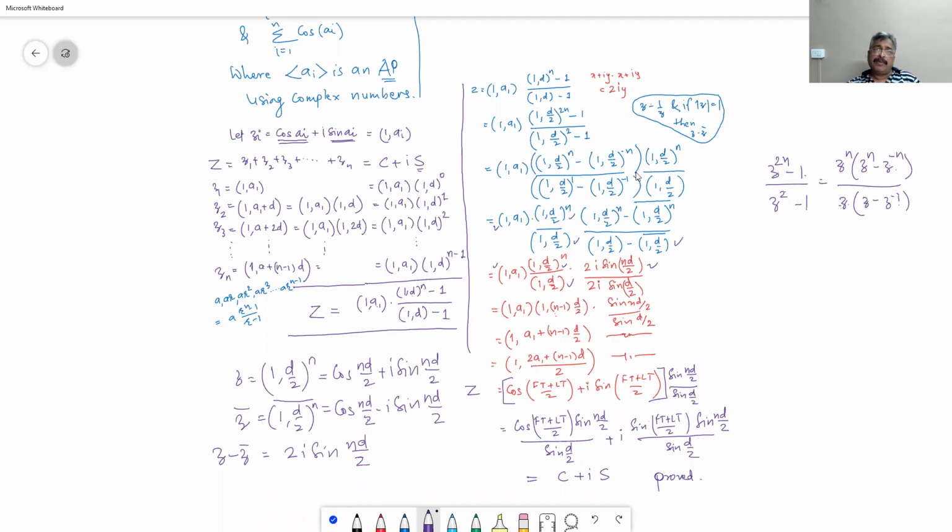And see, nobody will be able to do it independently just like this unless you know the final result and you see that nd by 2 and d by 2 must come out as common. That is the origin from where you realize that we have to take out nd by 2 and d by 2 common. That is the motivation of writing this ratio in this form.